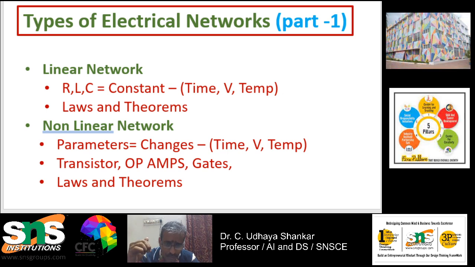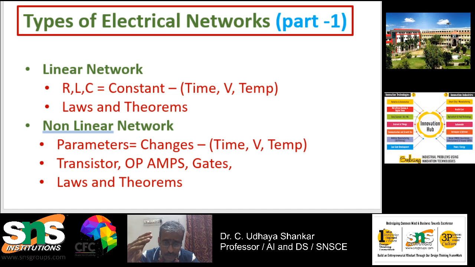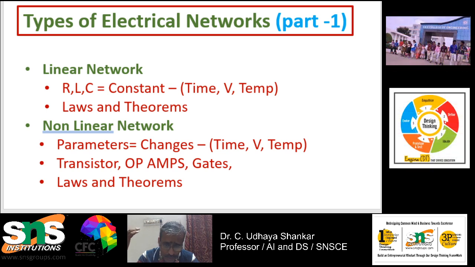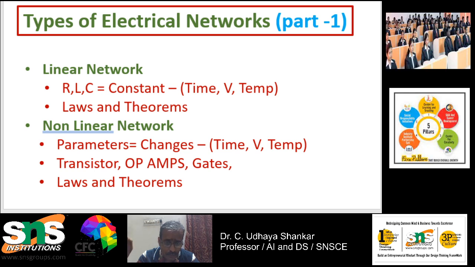For example, if the resistance value in a particular network is 5 ohms, it is 5 ohms whether you take it in the morning, in the afternoon, or after 10 days. So it remains the same. The parameters are constant with respect to time and voltage. If you operate that circuit at 5 volts, it is 5 ohms only.